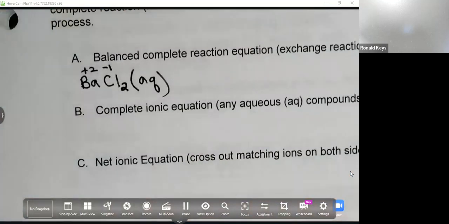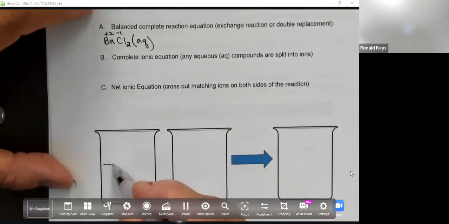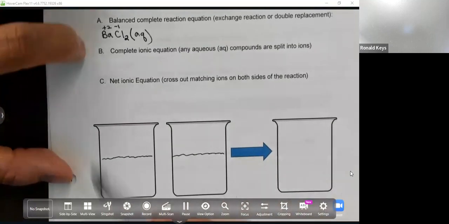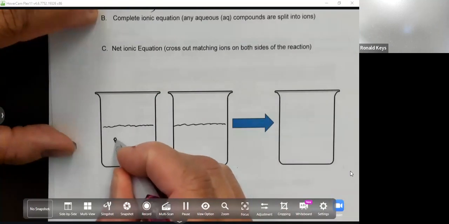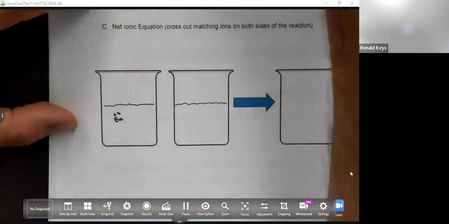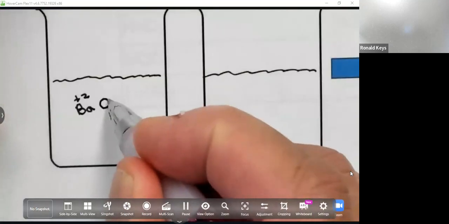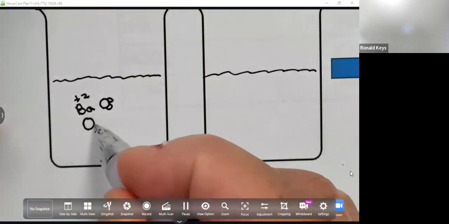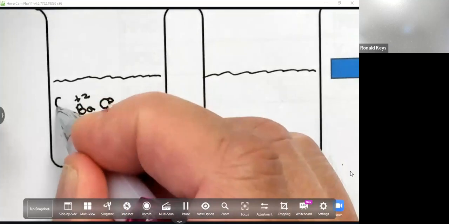What does that look like? I'm going to go down to this beaker right here and fill it half full. What does that look like? Well, you've got barium in there, +2, surrounded by water with an orientation like this, because the negative oxygen is going to be attracted to the positive barium.